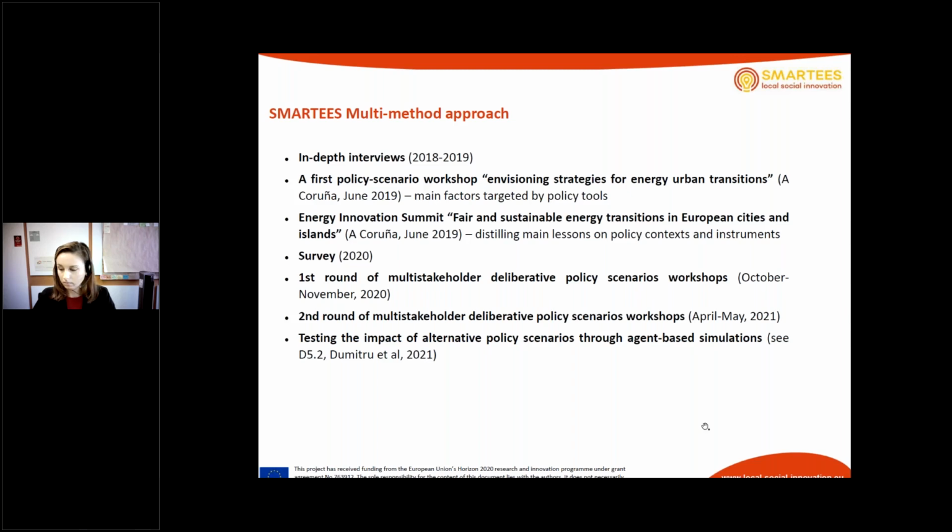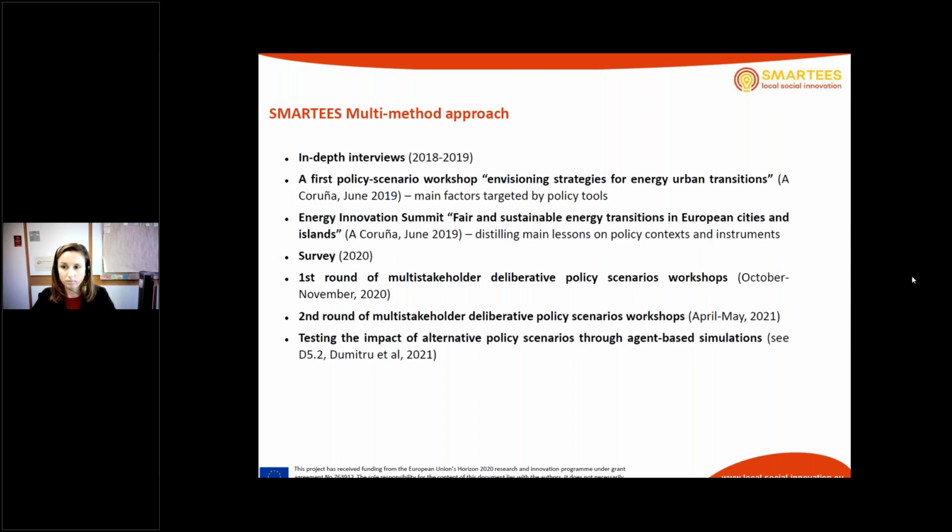We want also to present briefly what is the method approach that we have used in SMARTEES, because policy scenarios were built in an intense research and empirical work, which consisted first in the conduction of in-depth interviews in all the case studies. We organized several policy scenario workshops and seminars in different meetings organized in the context of the SMARTEES project.